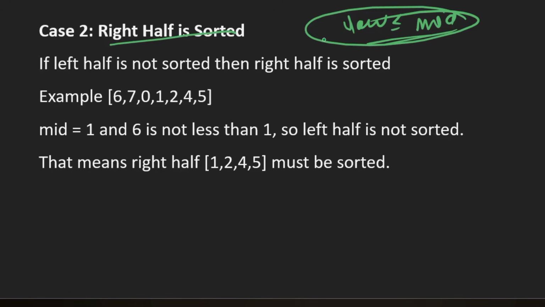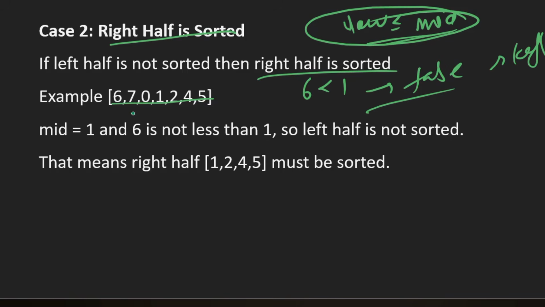So if the left half is not sorted, then we are sure that the right half will be sorted, right? Let's see this example. 6 is less than 1, so this condition is false. That means our left half is not sorted. 6 7 0 1 is not sorted, but we know our right half will be sorted. So 1 2 4 5 is sorted, so the right half is sorted.